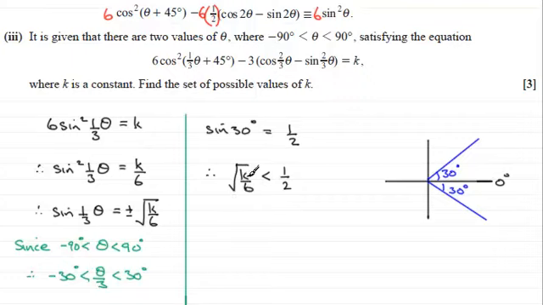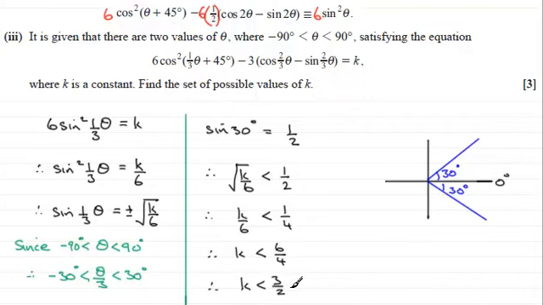So if I was to square both sides now, I would therefore have k over 6 must be less than 1/4. And if I multiply now both sides by 6, we end up with k being less than 6/4. And 6/4 reduces down to 3 over 2.